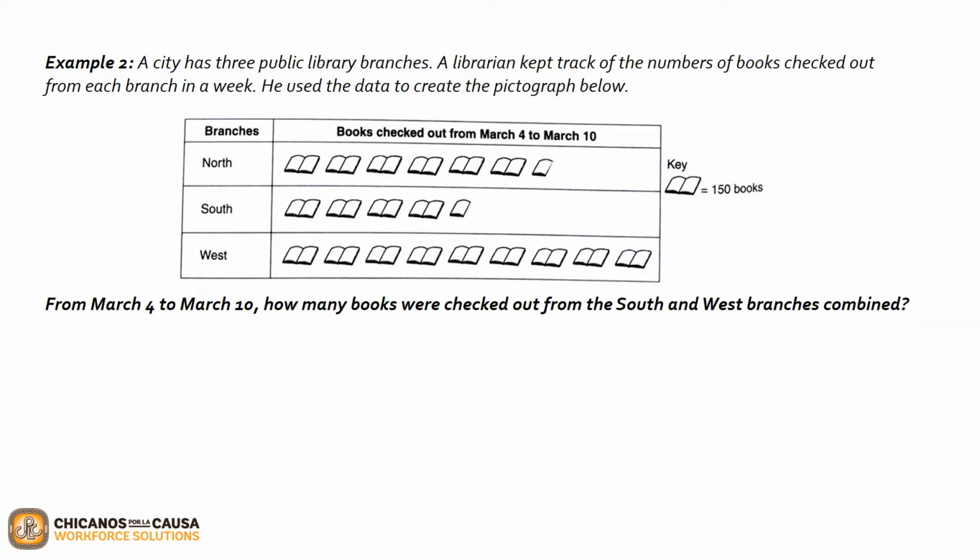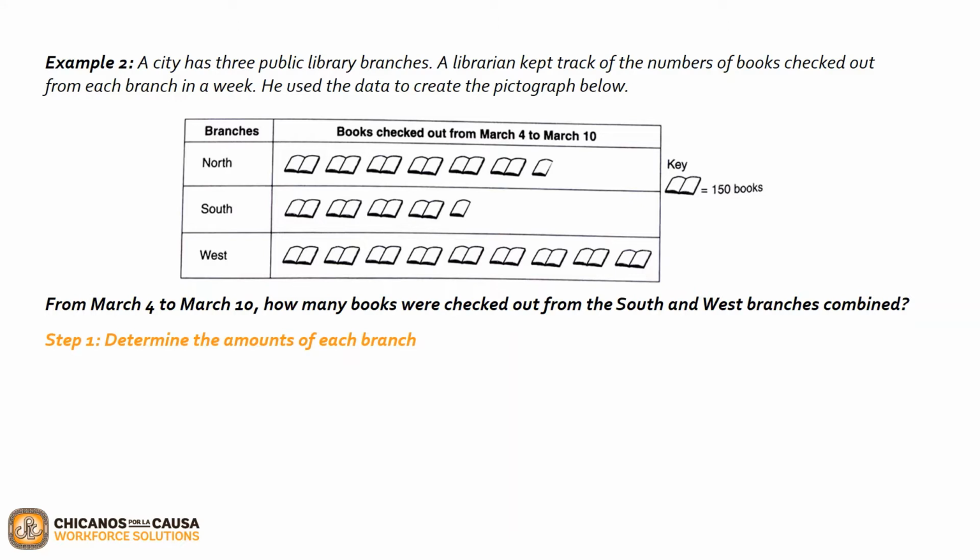So like before, let's go ahead and break down this particular problem into steps. So we want to determine the amounts of each branch. If we're just looking at South and West branches, we can see that at South, we have 1, 2, 3, 4, 4.5 books.